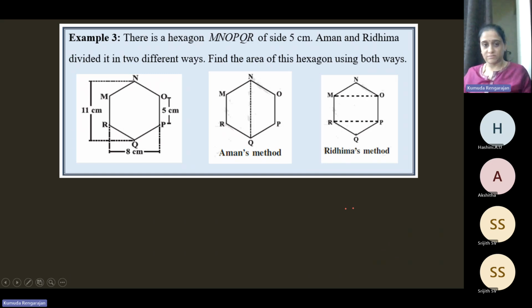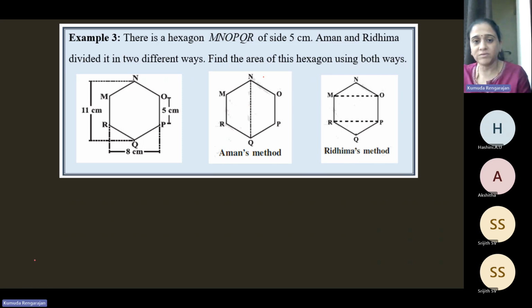Okay. Navneet, name the parallel sides of the trapezium MRQN. RM and QN are the parallel sides of this trapezium.